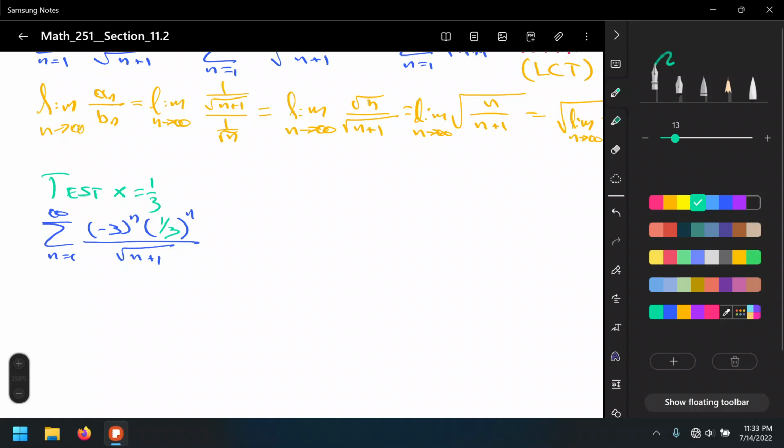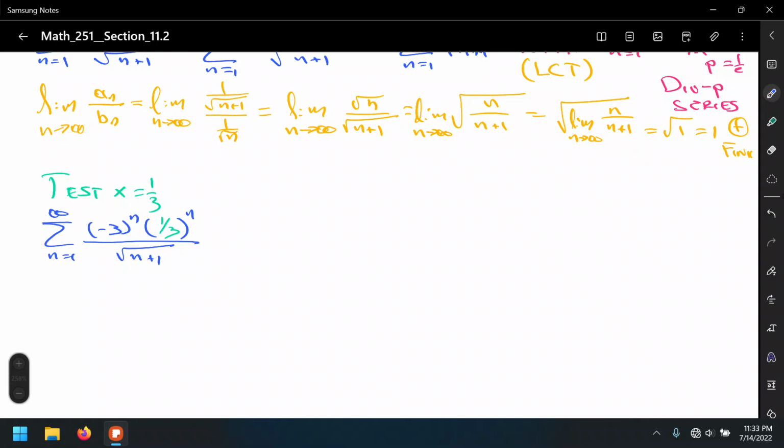In this case, the next one will take a few more steps to simplify. So that's 1 to the n, which is 1, and 3 to the n, which is 3 to the n. This is the sum from n equals 1 to infinity. I'm going to rewrite this -3 to the n as -1 to the n times 3 to the n.